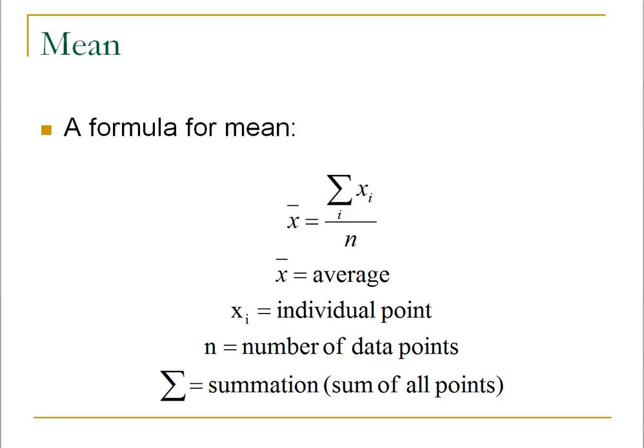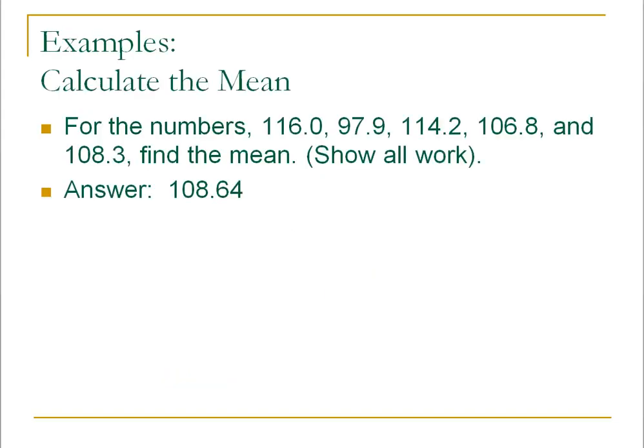Okay, so in this example problem in the PowerPoint, you're going to see this question. It says for the numbers 116, 97.9, 114.2, 106.8, and 108.3, find the mean, and show your work. Well, I can do that.